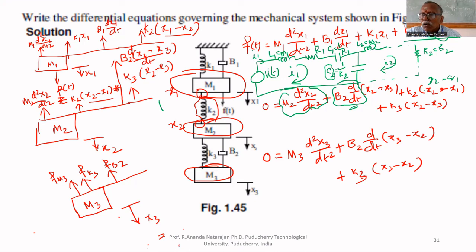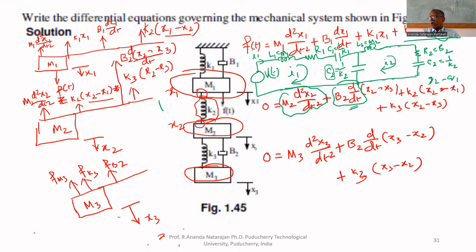And one more, K2, that is one capacitor, C2 equals 1 upon K2. That's all. How many elements? Inductor, resistor, capacitor, and so on, 4 elements in this loop.